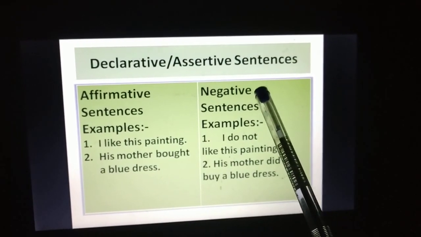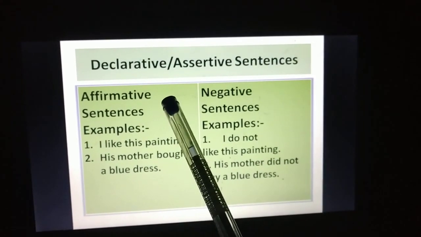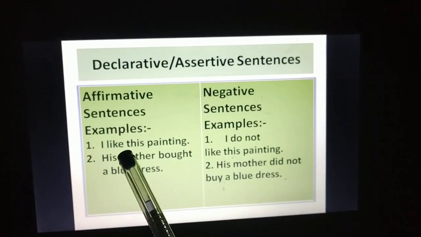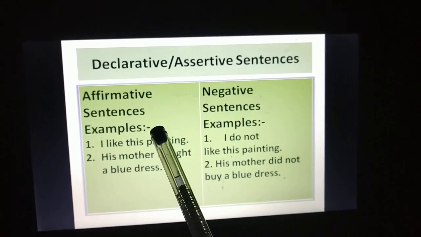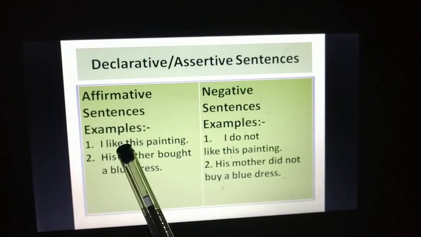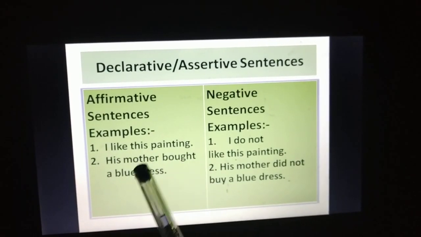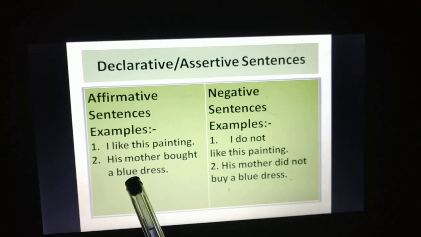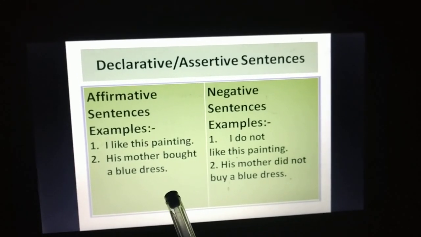Second is negative sentences. Affirmative sentences are simple statements. Let's study examples. First, I like this painting. Second, his mother bought a blue dress.